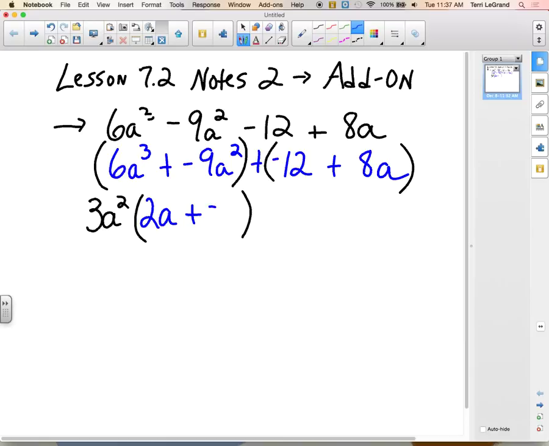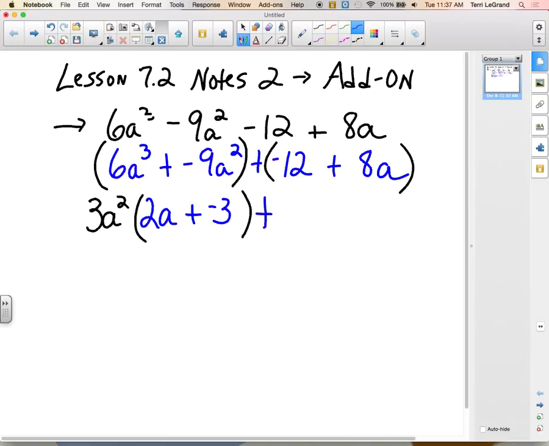A squared divided by a squared, they cancel out, it's really 1, isn't it? So negative 3 times 1 would still be negative 3. So there's our binomial factor for just that first group. When we GCF just that group, we have a monomial times a binomial.